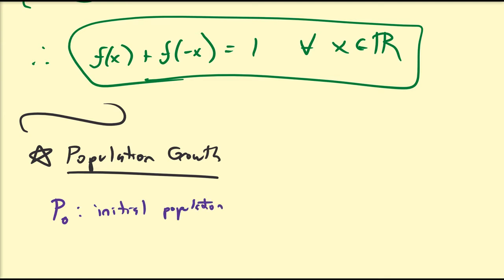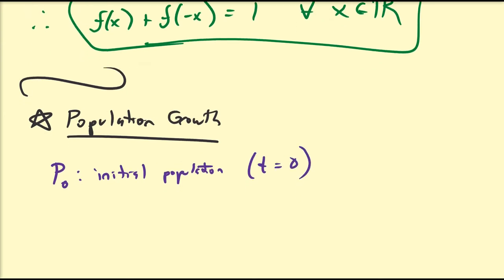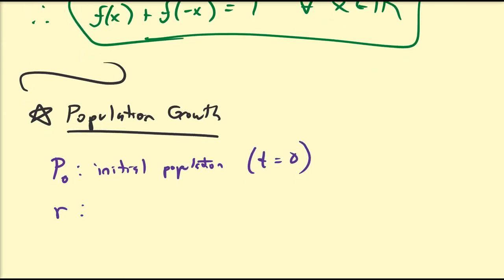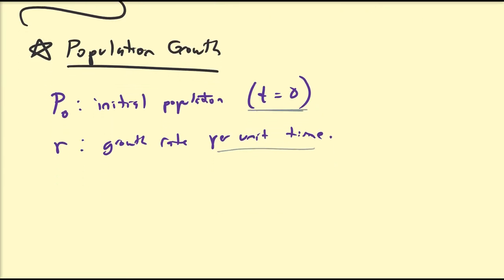And when I say initial, I mean at time t is equal to 0, so some point of reference in time. And I'm going to let R represent the growth rate per unit time, right? And keep in mind this per unit time and this time here should be in the same units.